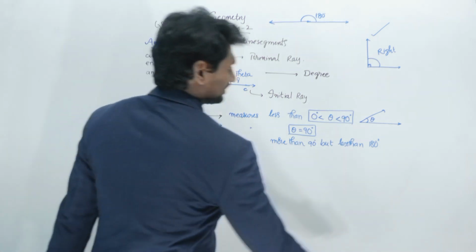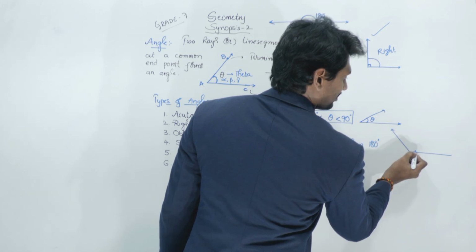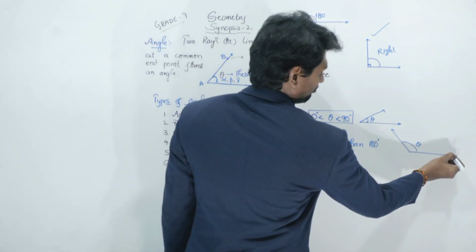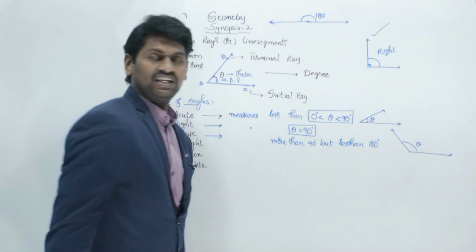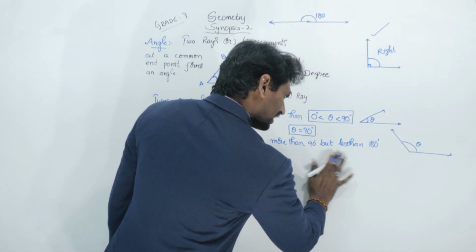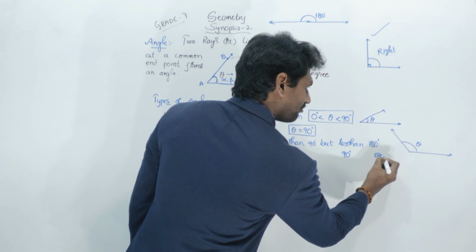So more than 90 and less than 180 can be an obtuse angle. We can represent it as an angle between 90 degrees and 180 degrees.